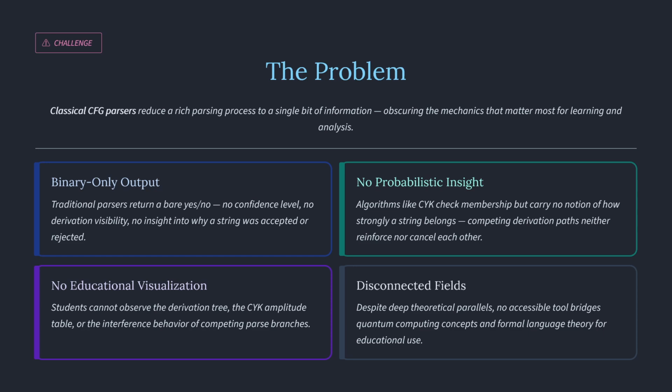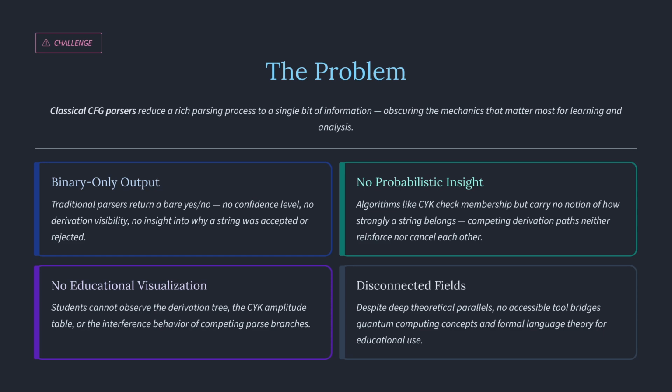The second problem is that they do not show probability, and you cannot visualize anything, like the derivation tree. The other problems are listed over here.